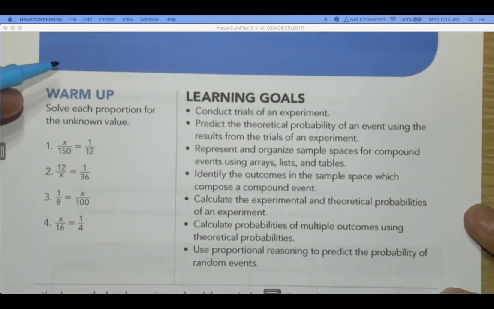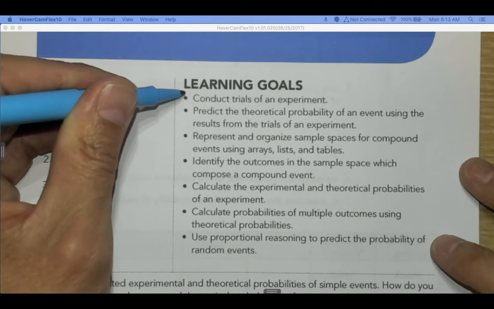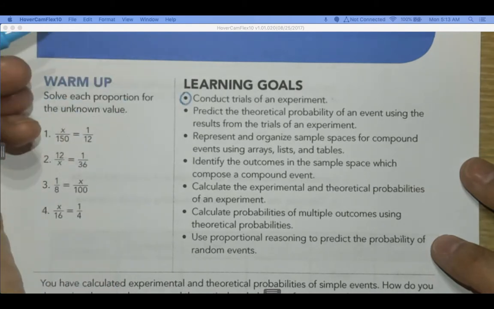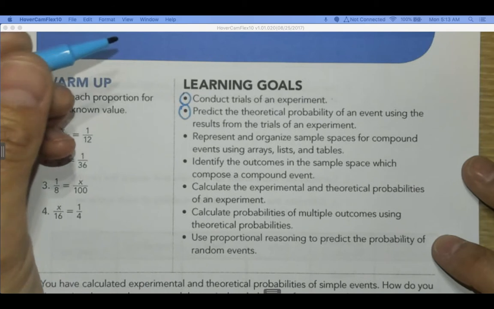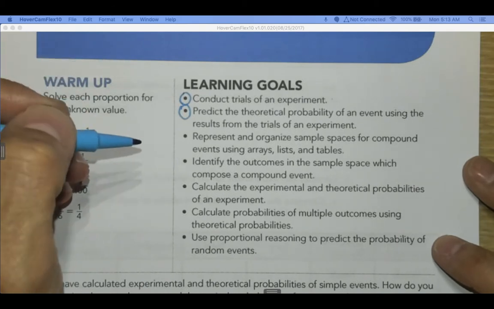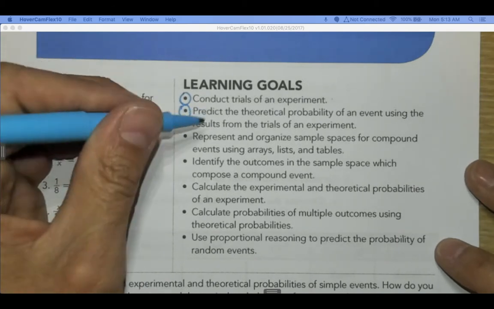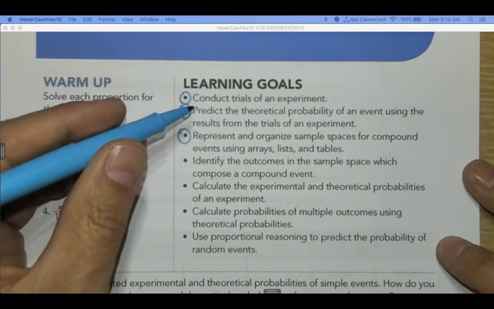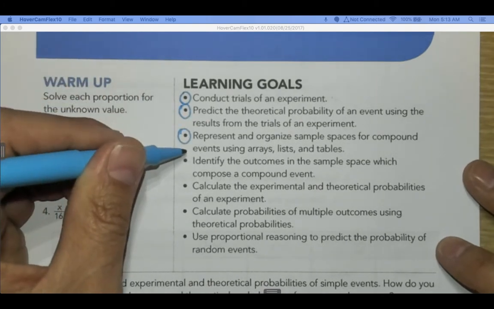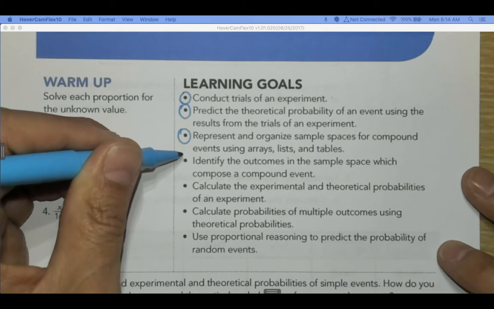Our learning goals in this are going to be to conduct trials of an experiment, predict the theoretical probability of an event using the results from the trials of an experiment, represent and organize sample spaces for compound events using arrays, lists, and tables.